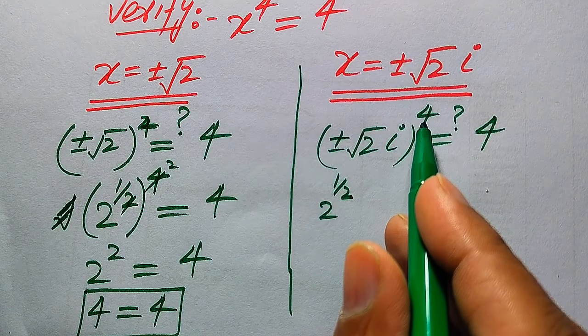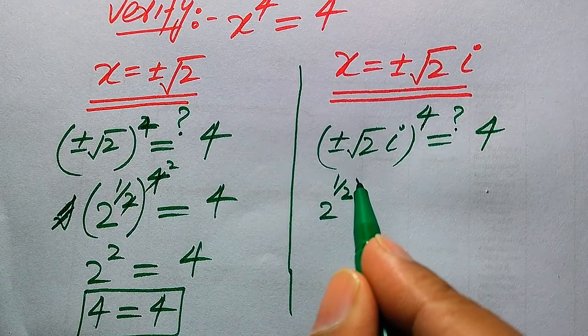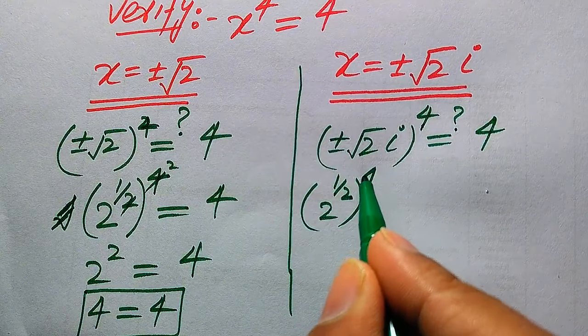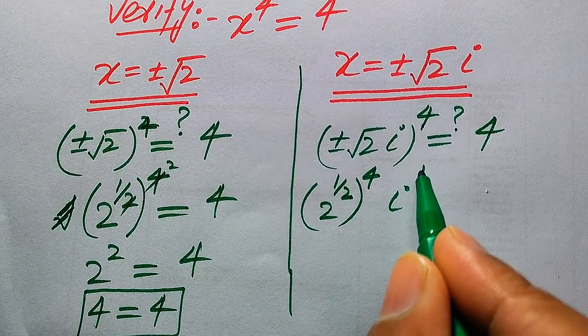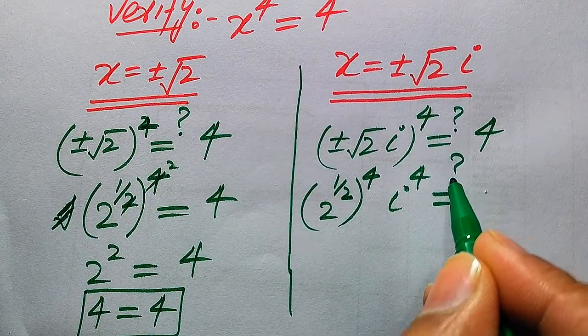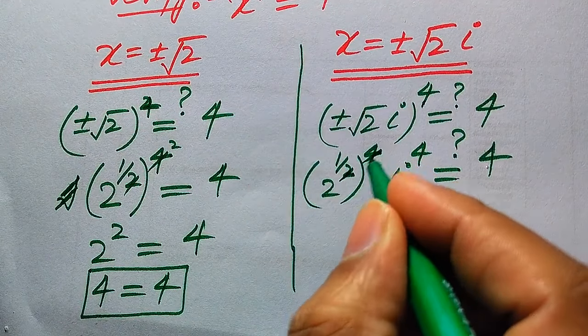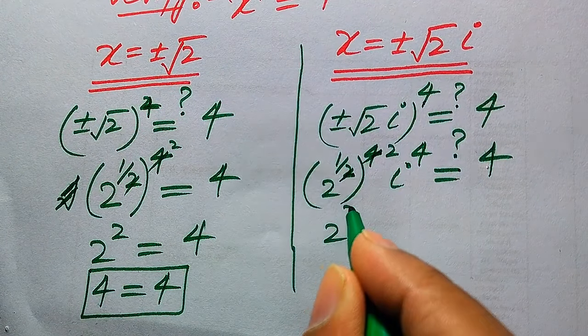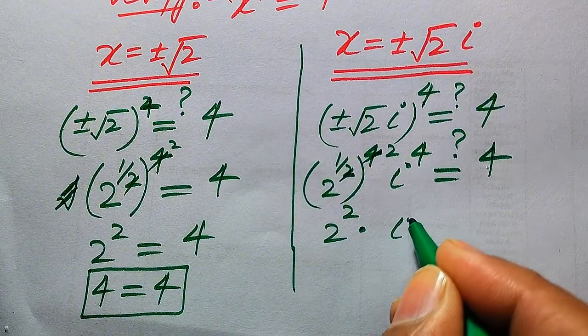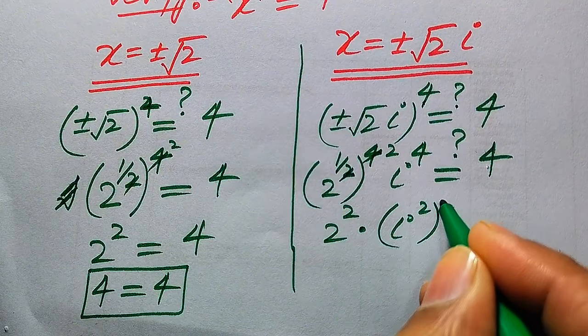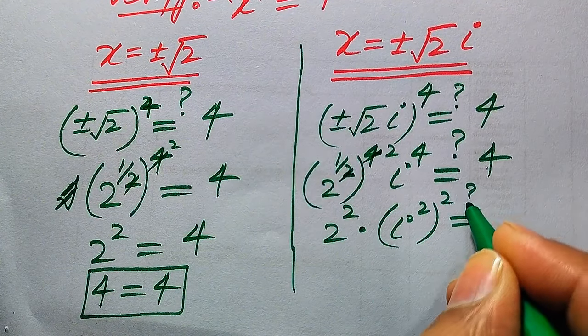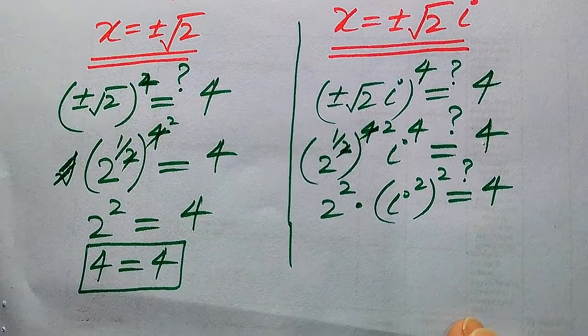Further, we apply the exponent 4 separately on both values: on this term and on iota. And we check whether this equals 4 or not. Again 2 times 2 becomes 4, and we get 2 squared, and we write iota to the power of 4 as iota squared and its whole square.